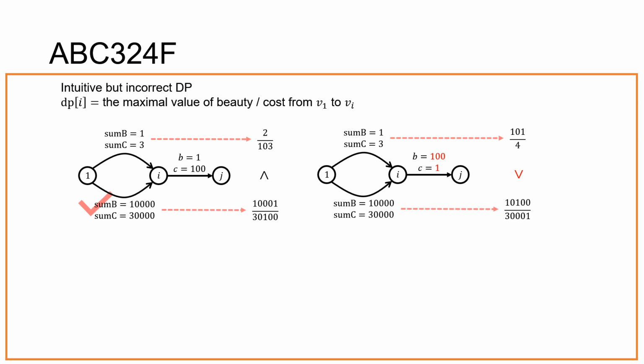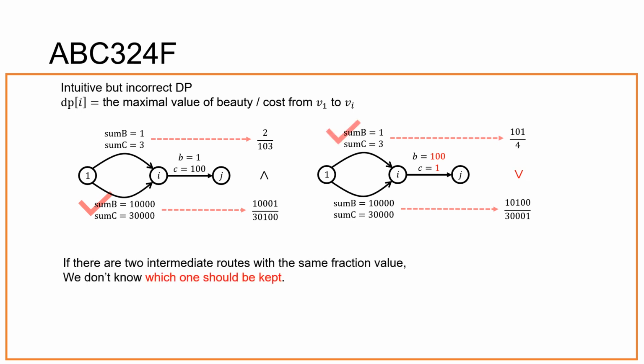So we should adopt the upper path. From this example, you find that you can't decide which route should be kept if there are two intermediate routes with the same fraction value. So we must think about the value of dp again, more carefully.